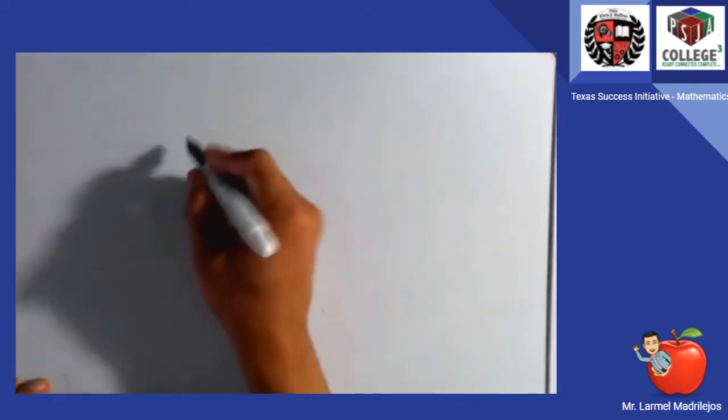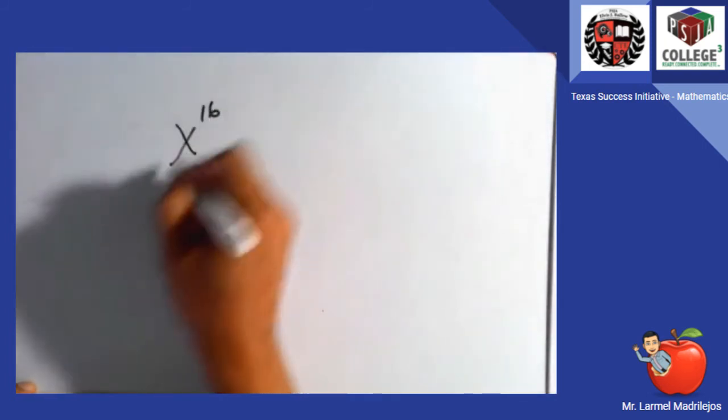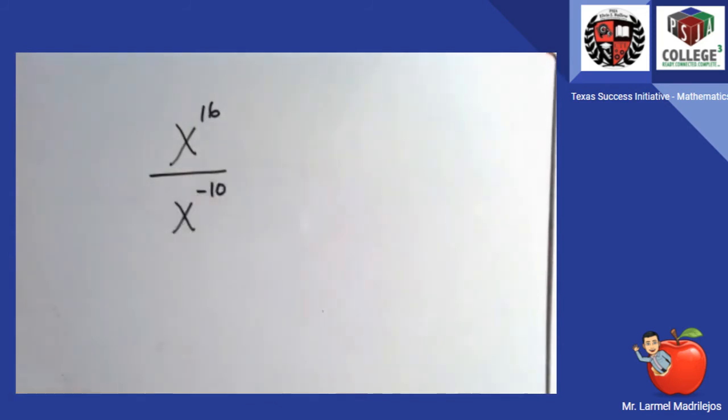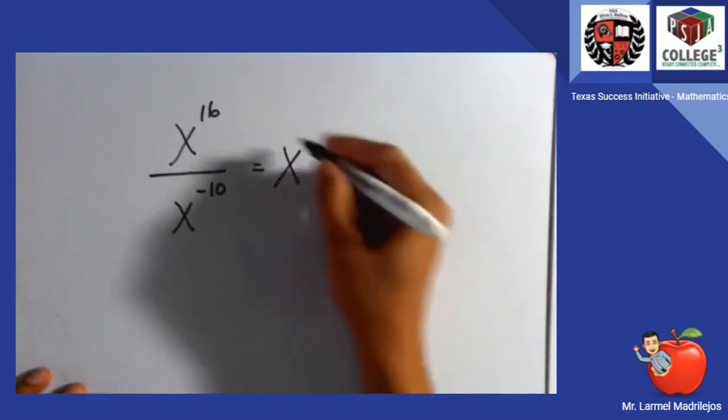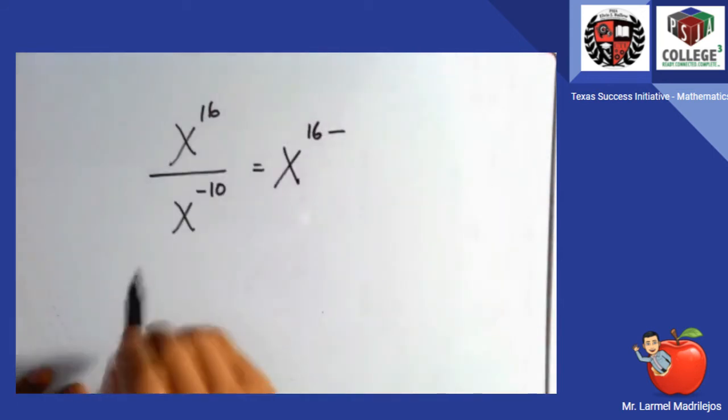Last example with the negative sign. x raised to 16 divided by x raised to negative 10. I'm going to rewrite again. I'm going to put 16 minus, remember, minus this times negative 10.